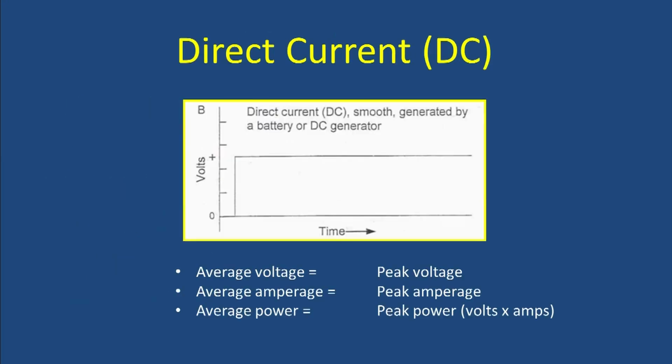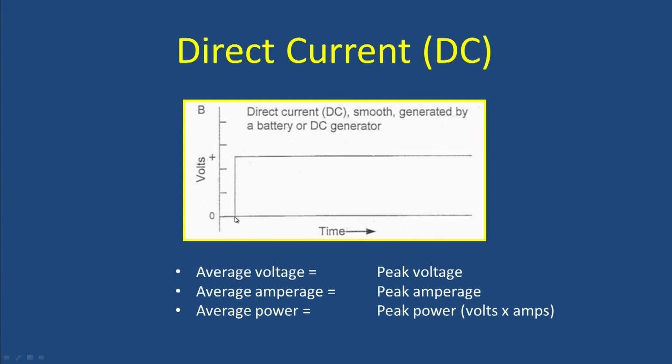So the first one is direct current, and direct current starts at a point in time and then continues in a smooth way. Okay, basically this is an oscilloscope tracing where we have volts on the y-axis and time on the x-axis, time in milliseconds.